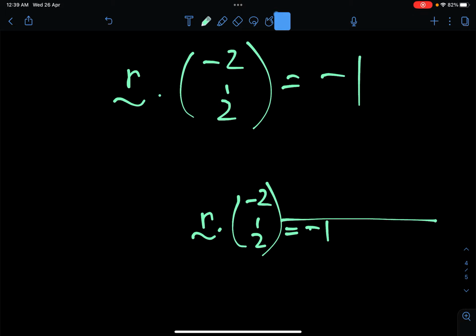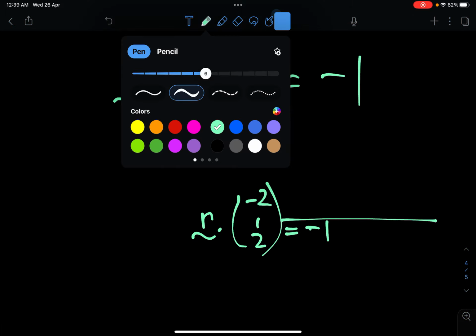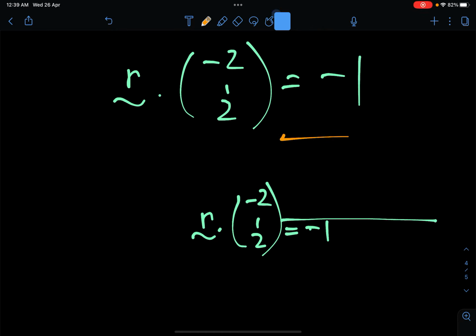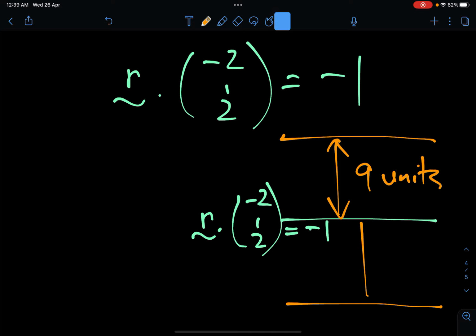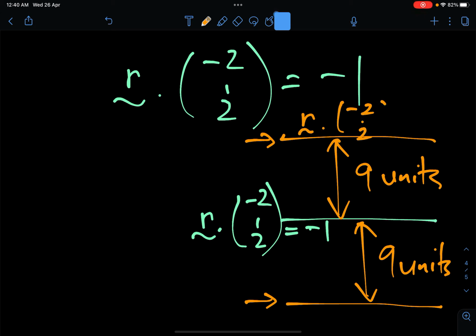Then we were finding the equations of the two planes which are 9 units away from this middle plane. We know that R dot (negative 2, 1, 2) equals d, and d is what we wanted to find. Once you can find d, you can find the equations of these two planes.